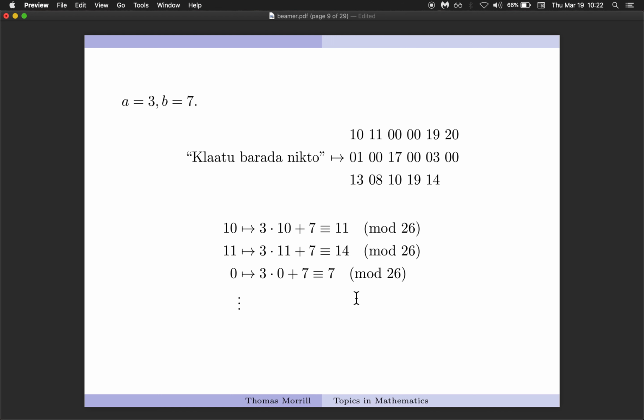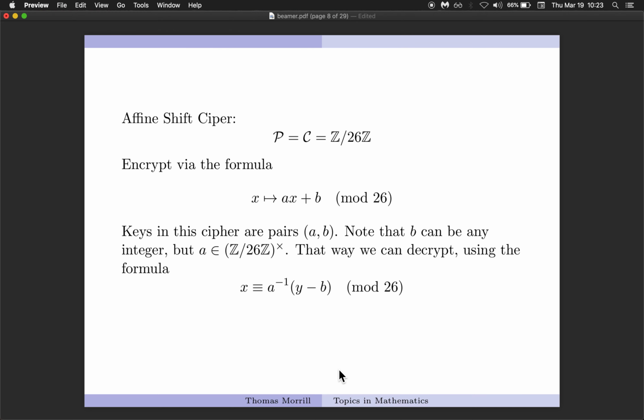In terms of the plain text and the ciphertext and the keys, this formula is determined by 2 different numbers, my A and my B. So each of my keys is actually a pair. It's just telling me what are the fixed numbers in my formula.